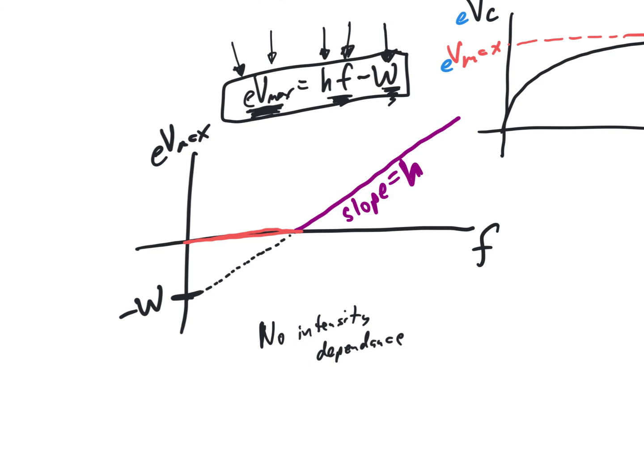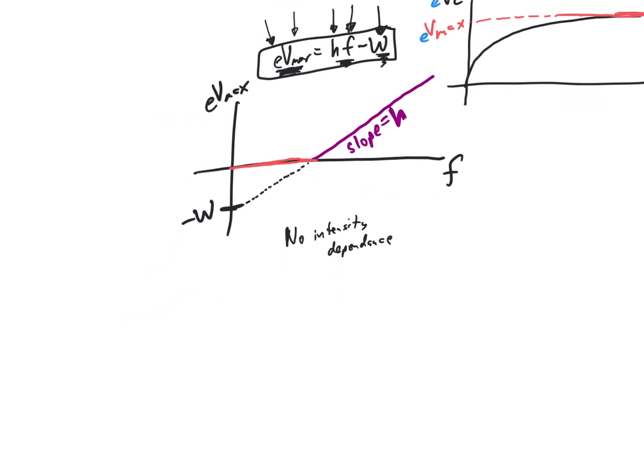What that means is that every time a photon comes in, it's one photon, as in one little bit of light, one electron interaction.